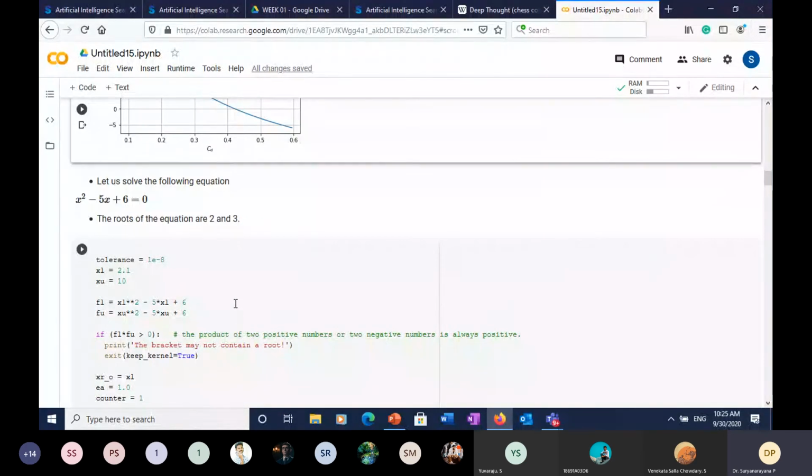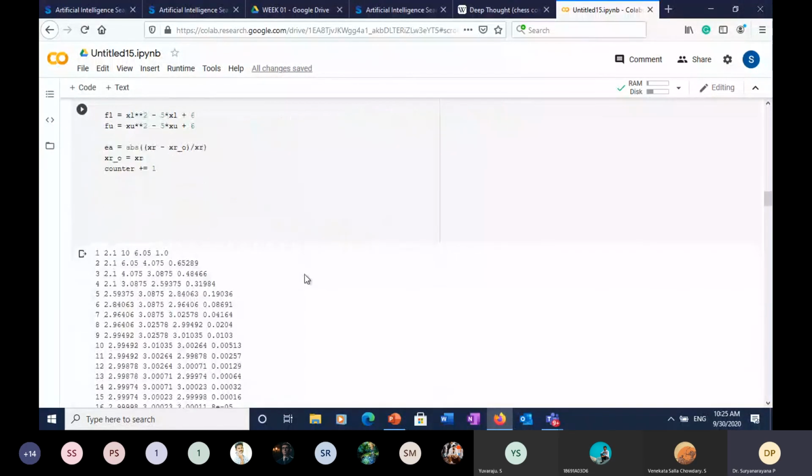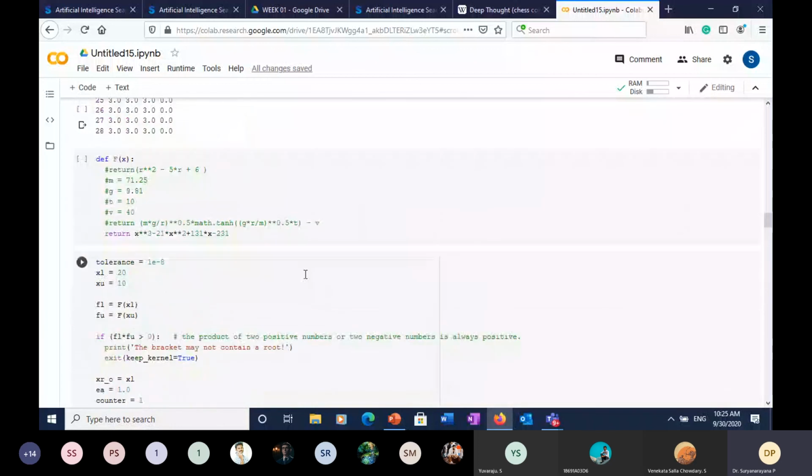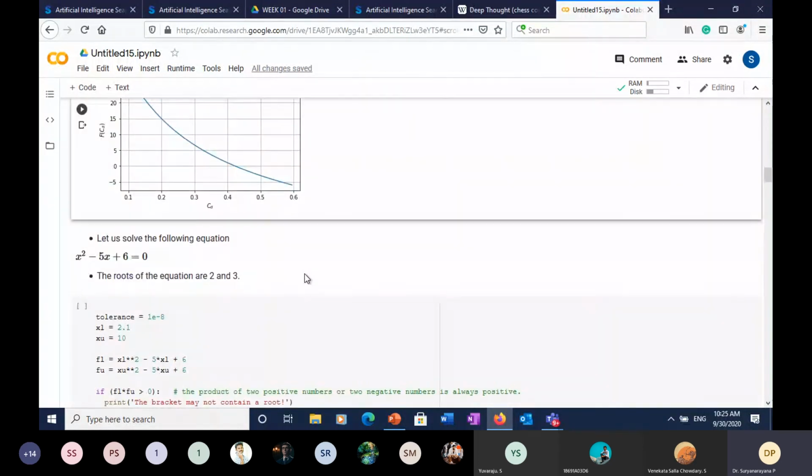And I think in the first go around, I had shown you how to solve a quadratic equation, but then I was thinking a quadratic equation is too simple an equation.